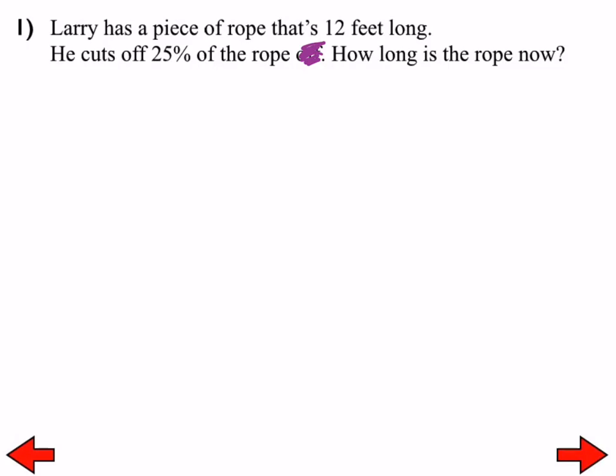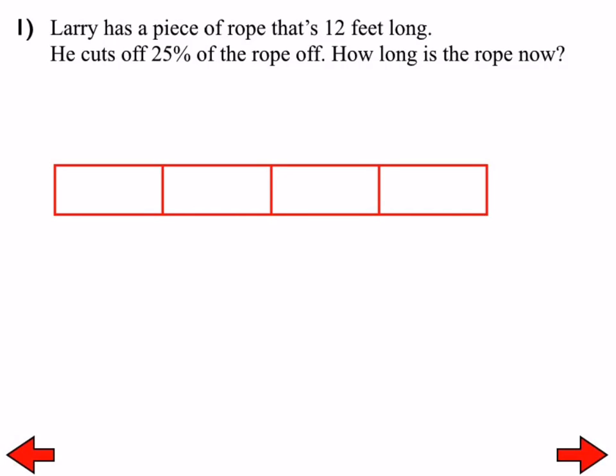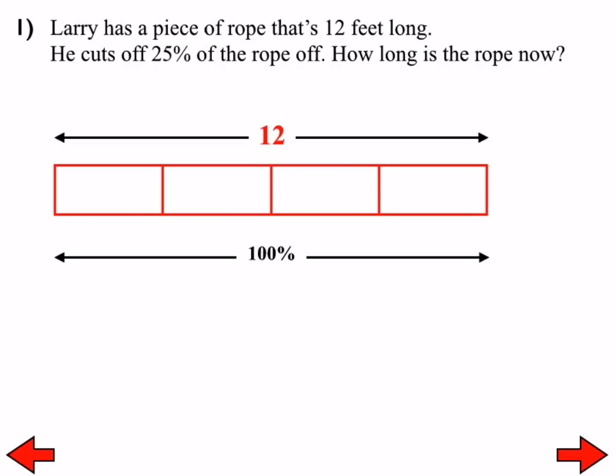Now, I've started with a very easy problem. Most of you could figure that out without doing a whole lot of work. But we have a tape diagram in our notes, and I'm going to cut that up into 4 equal parts. Why 4 equal? Well, because 25% is 1/4. So if the entire rope is 12 feet long, that would make each section of the rope 3 feet, which is obvious.